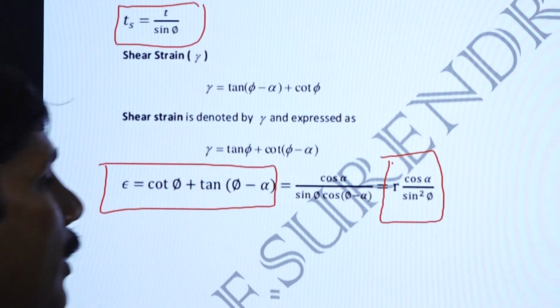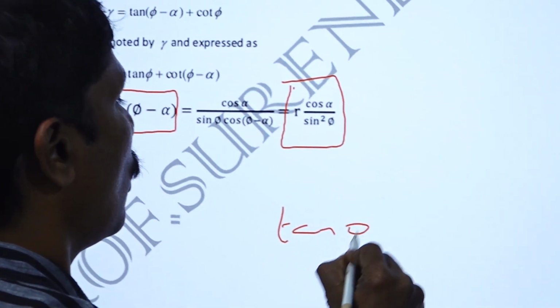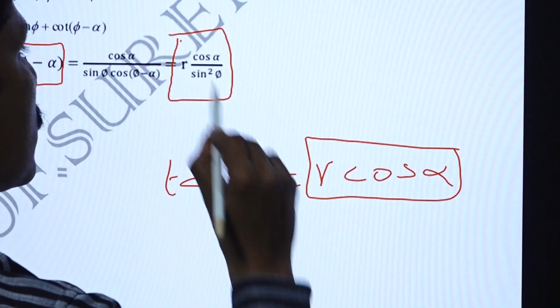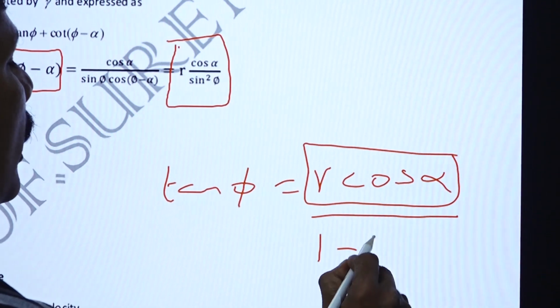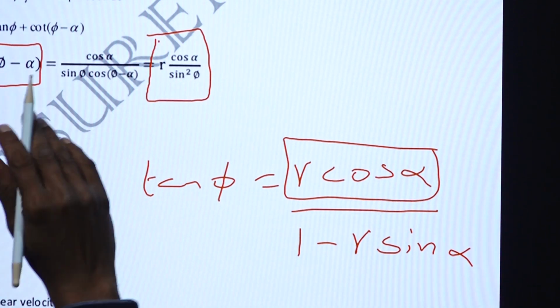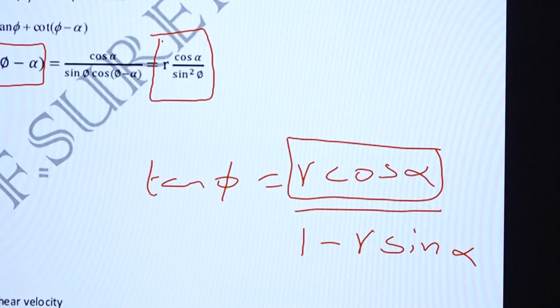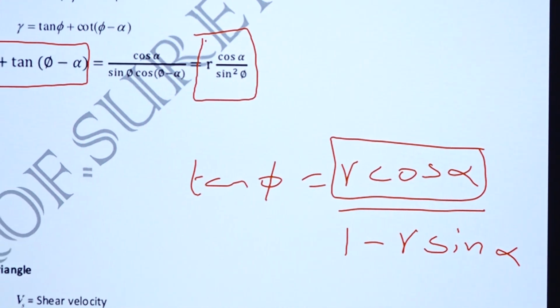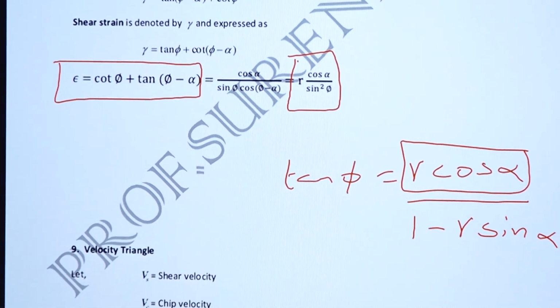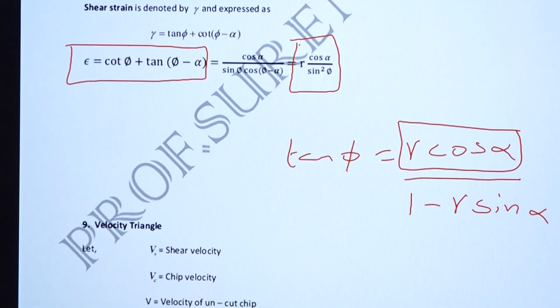You can remember that tan phi equal to r cos alpha divided by 1 minus r sin alpha. So this is tan phi, but here sin square phi will come, r cos alpha divided by sin square phi. Then r is given, so you can easily calculate it using that formula.